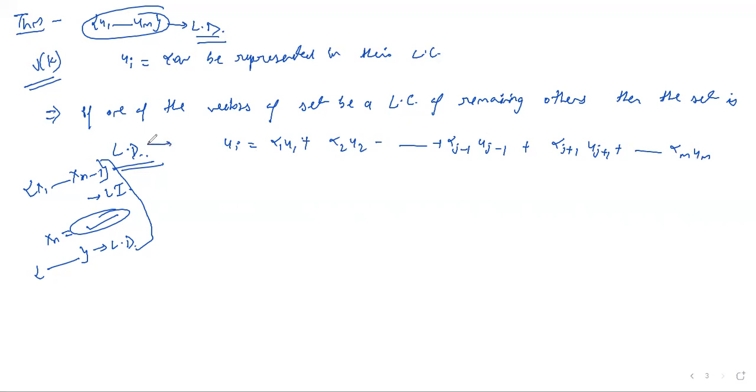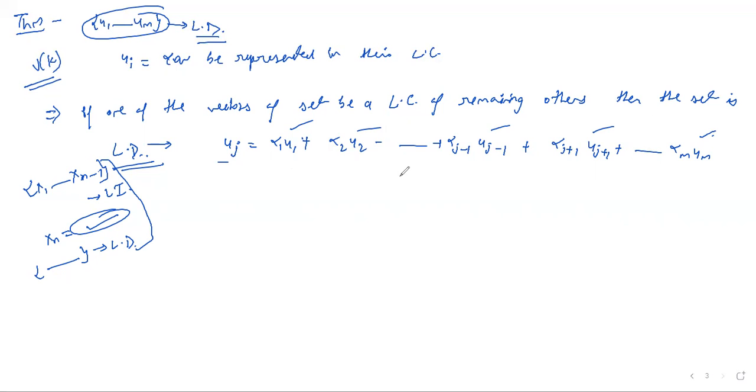Here, what I have done is write the vector uj as a linear combination of the remaining vectors: u1, u2 to u(j-1), and j plus 1 to un, everything except uj. Then this set of vectors u1, u2 to um is linearly dependent.